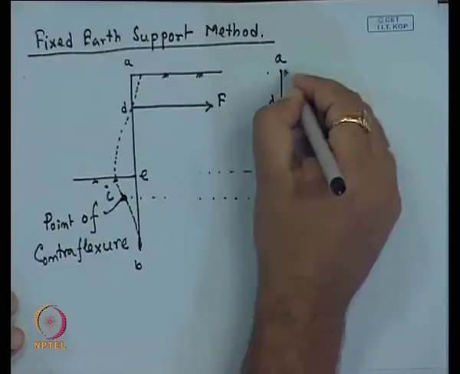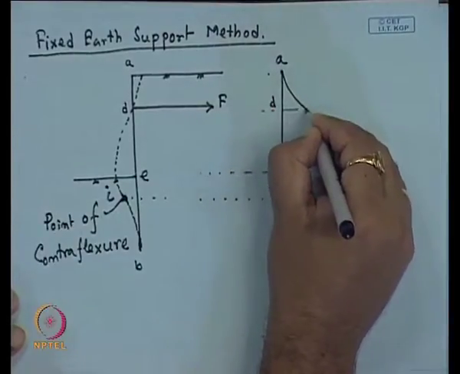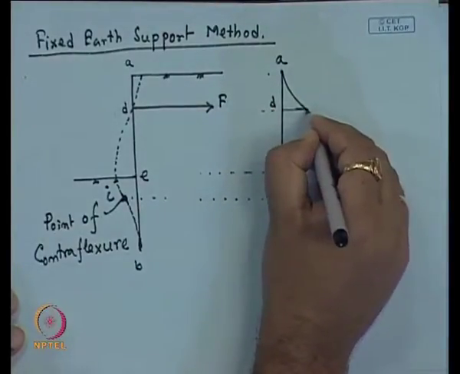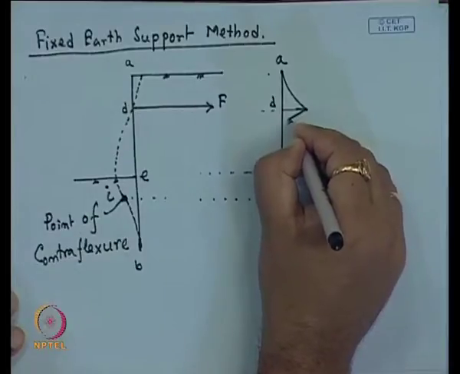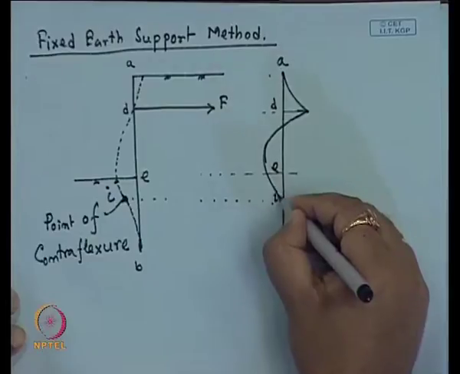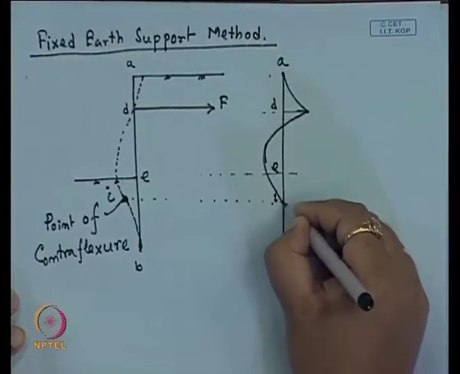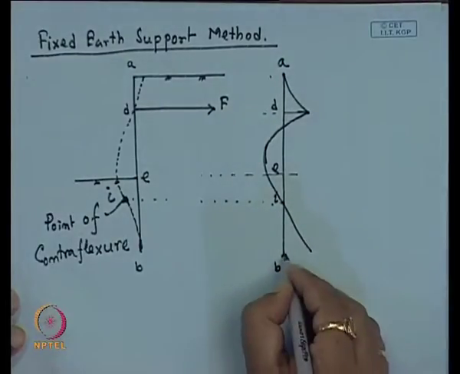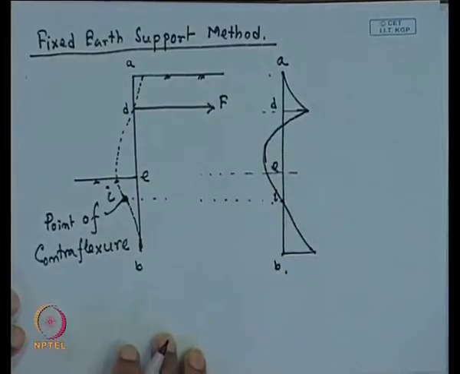So, we may get this type of diagram, where the bending moment is changing its sign at this point of contraflexure, and then we will get this type of diagram of the sheet pile.